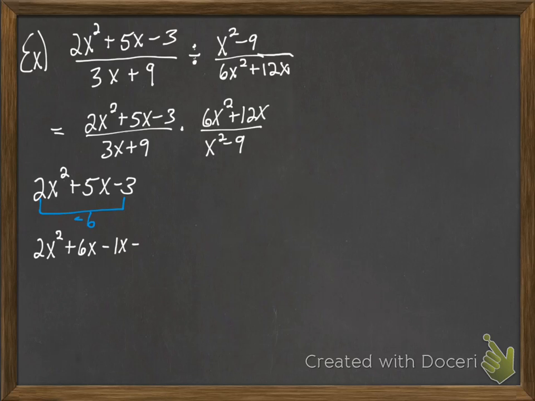So we can rewrite this now as 2x squared plus 6x minus 1x minus 3, and now we can do our factoring by grouping. For 2x squared and 6x, we can pull out a 2x, and we're left with x plus 3. For 1x and 3, there's not much we can do. We can factor out the 1.